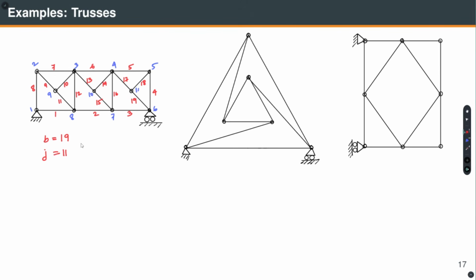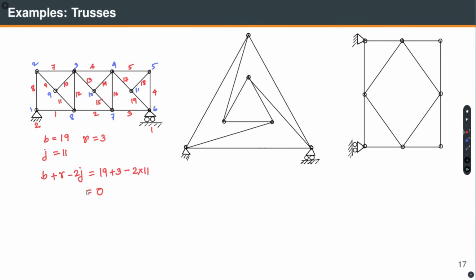And R is equal to 3, since there are 2 unknown reactions here and 1 there. If I apply the formula B plus R minus 2J, I get 19 plus 3 minus 2 into 11, which is 0. So, this formula tells the structure is statically determinate.